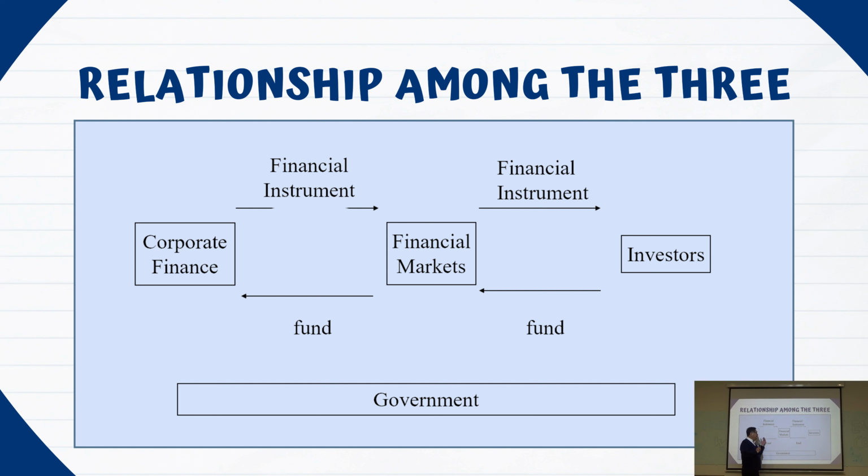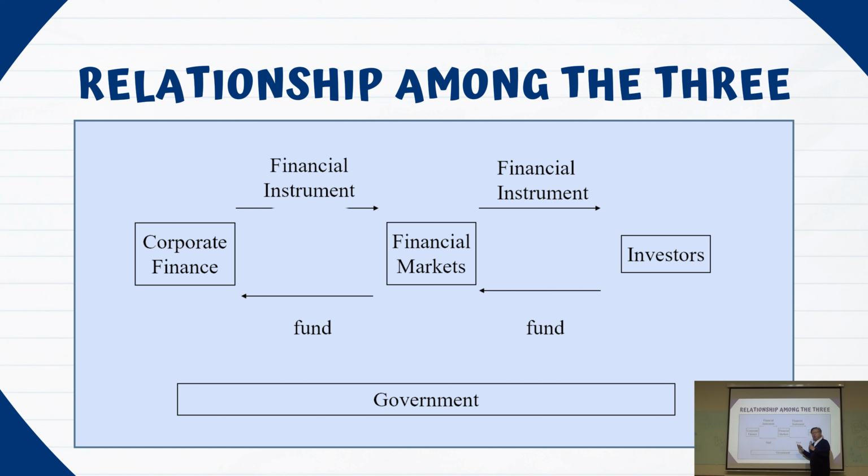I'm the corporation, I will borrow money, or I will issue stock to get money to finance my business. And the investor will put their money into a financial institution or mutual fund or any of the stocks, to invest in the corporation, so they make money and give me the return.